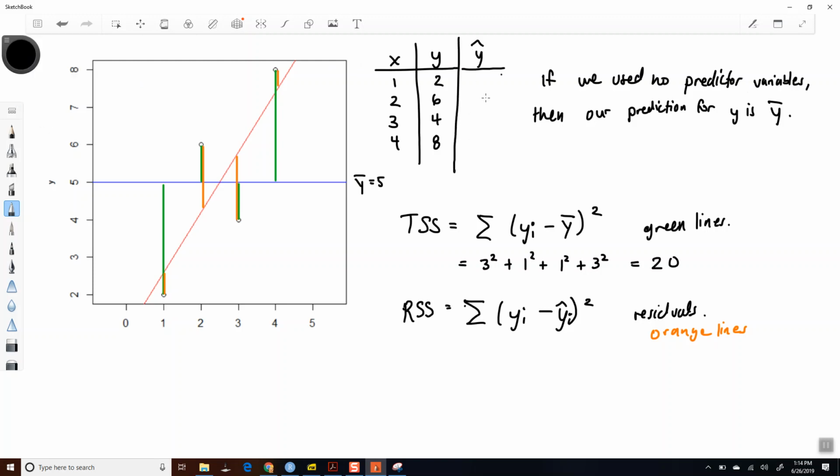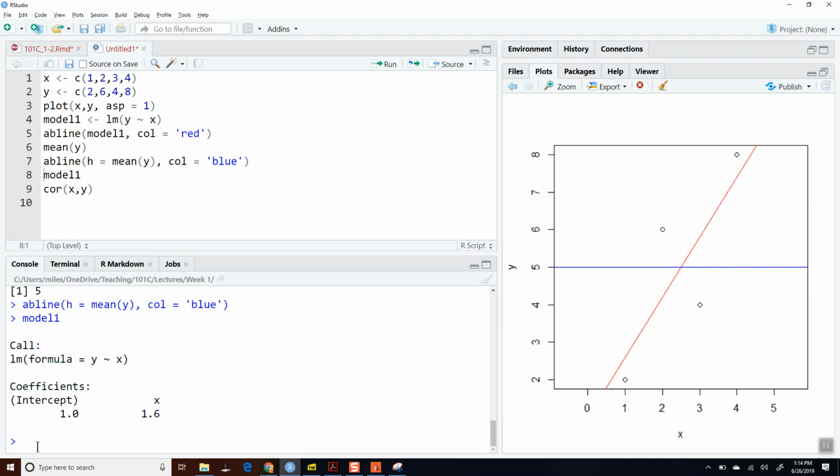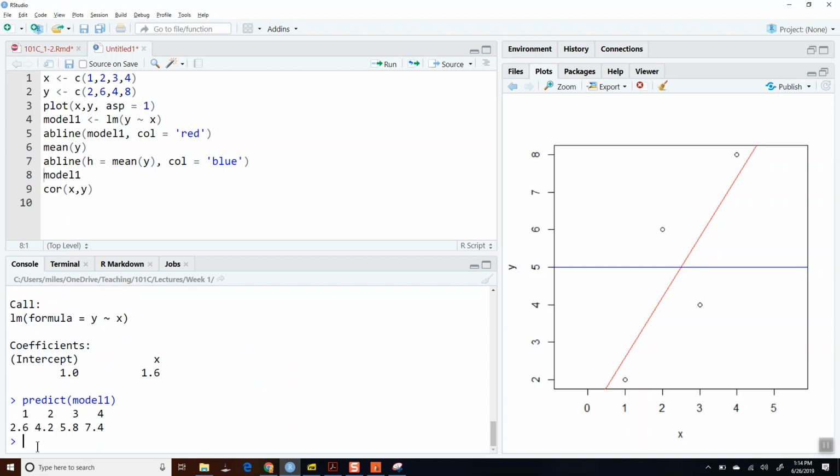So that's going to be the residual sum of squares, which I guess I would need to know what the y hats are. Let me come back to R, and do I still have model 1? Yeah, so let's do predict on model 1. Okay, so I've got 2.6, 4.2, 5.8, and 7.4.